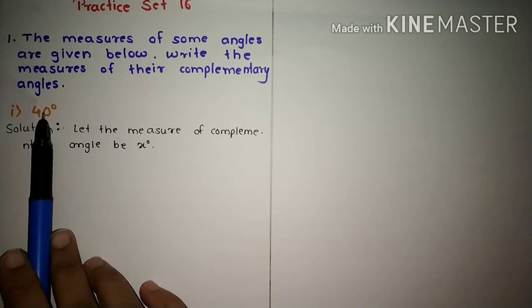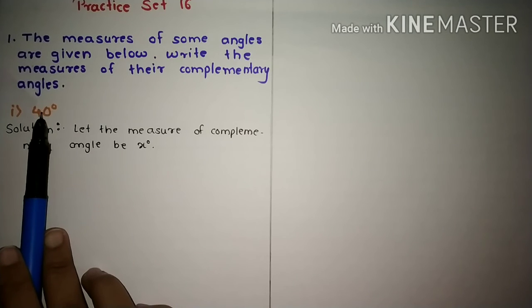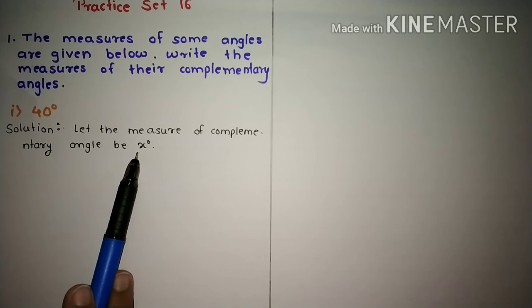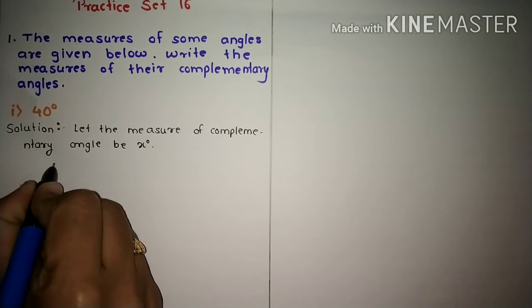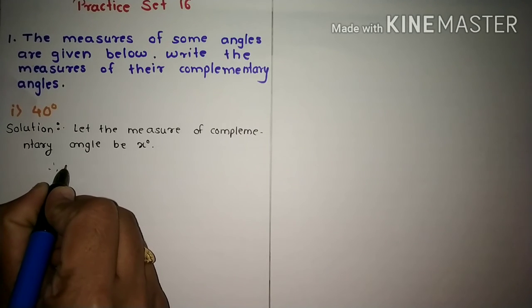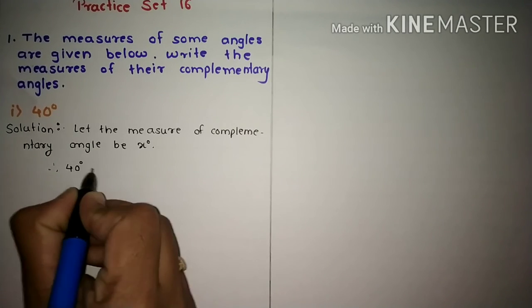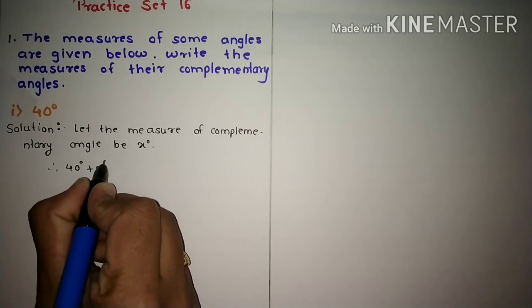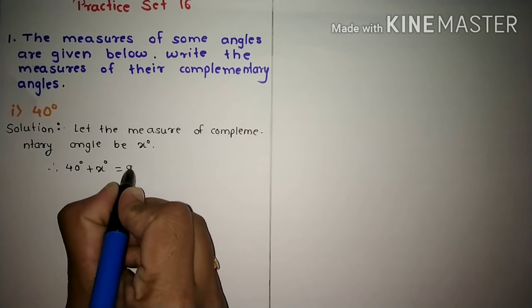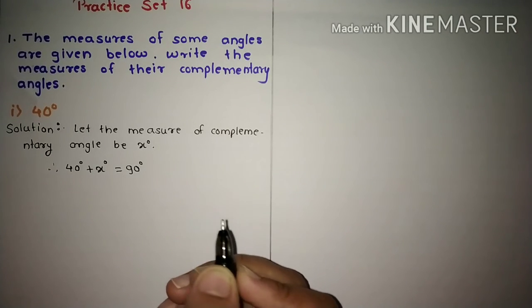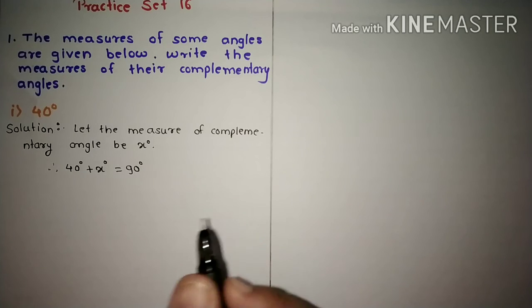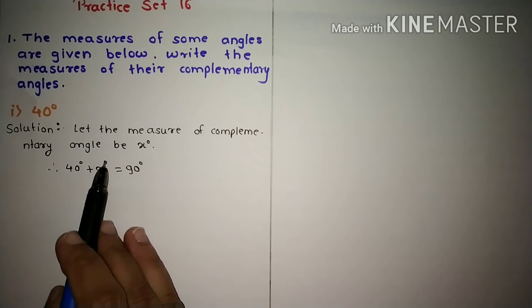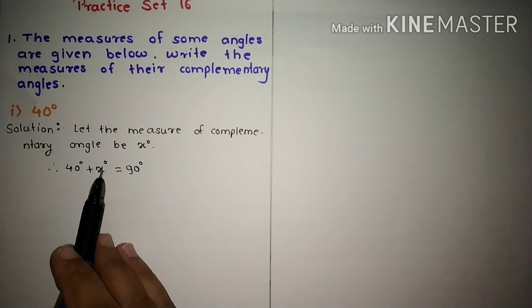That means the addition of the measures of these two angles is 90 degrees. Therefore, we write 40 degrees plus x degrees equals 90 degrees. Okay. Here we have to find the value of x.